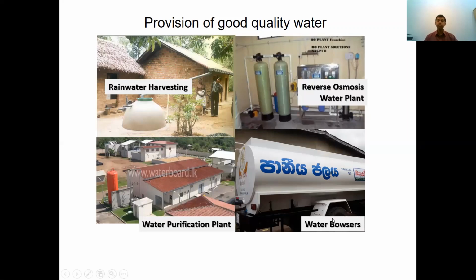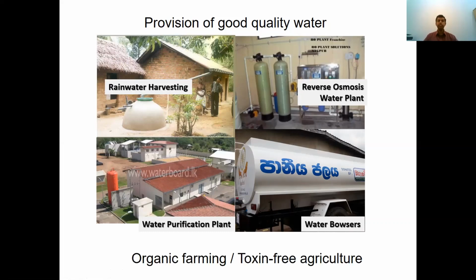In some places, there are water bowsers which are still giving them water, and there are water purification plants that are also being established in certain parts of the country. So there are different ways people and the government are trying to provide good quality water to these areas. And at the same time, organic farming and toxin-free agriculture is being promoted in order to remove the agrochemicals that may be contributing to this.